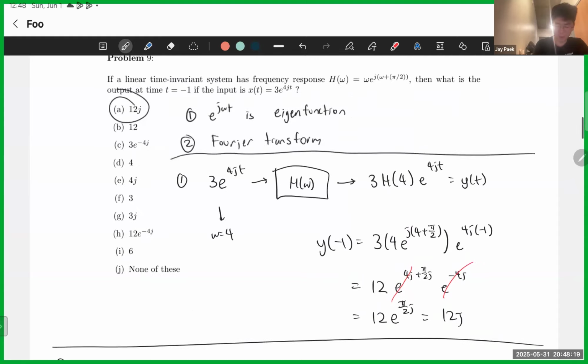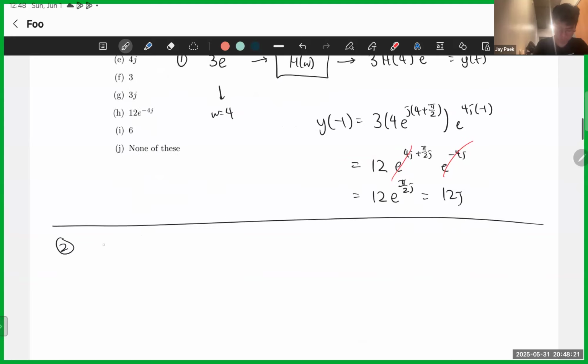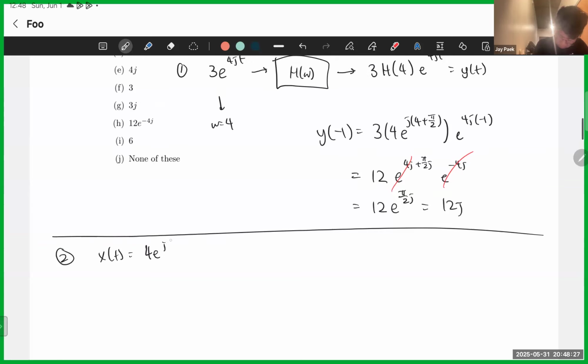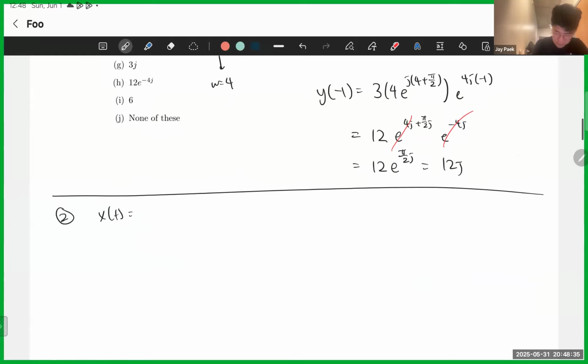By the Fourier transform way, we know that the Fourier transform of x of t, wait, I forgot what it was. It's 3 e to the 4jt.